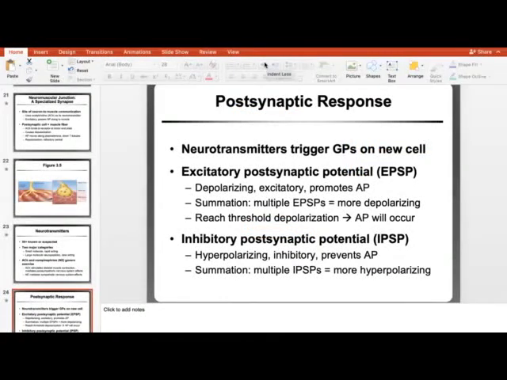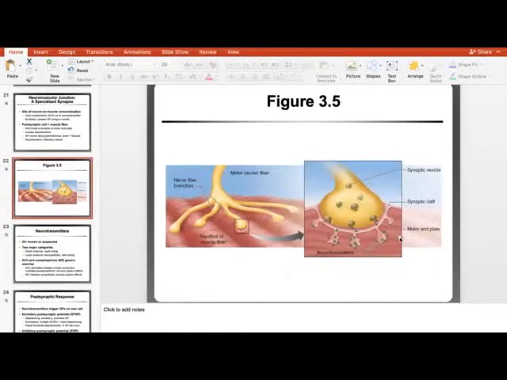And again, in the post-synaptic response, after the synapse, the action potential is going to be generated as long as the change in potential from one side of the membrane to the other is high enough. If it's too low, then the muscle will remain with some type of electrical activity, but the muscle won't contract.